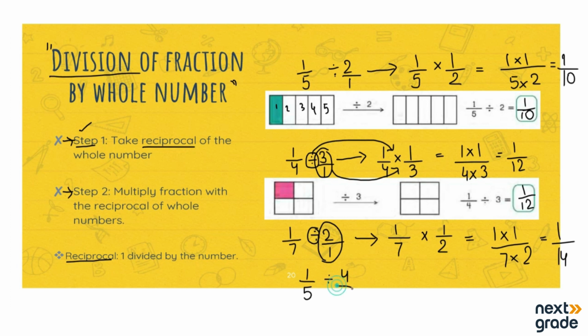Alright, simply we changed it into a fraction, next step we took the reciprocal, that is upside down, and then we write the answer by multiplying the numerator with the numerator and denominator with the denominator, and the answer is 1/20. I hope you guys understand how we do the division of fractions by whole numbers. These are the two easy steps that we take in order to do the division. See you guys in the next video. Allah Hafiz.